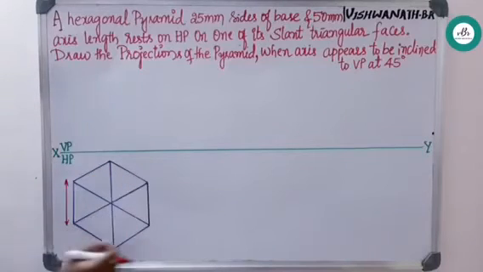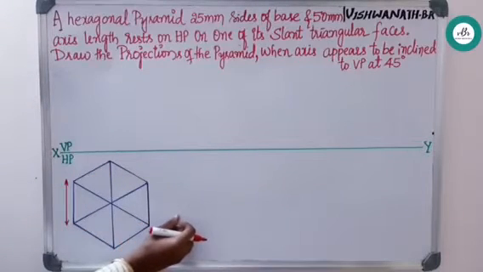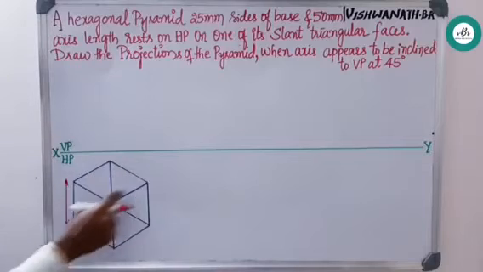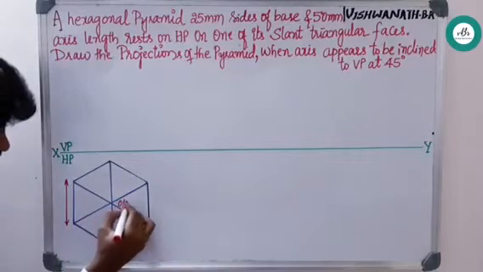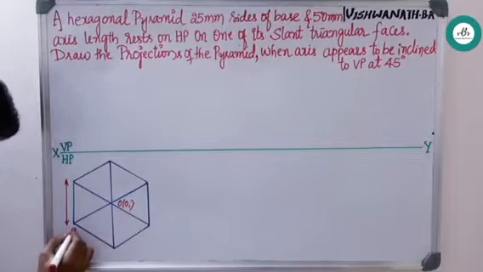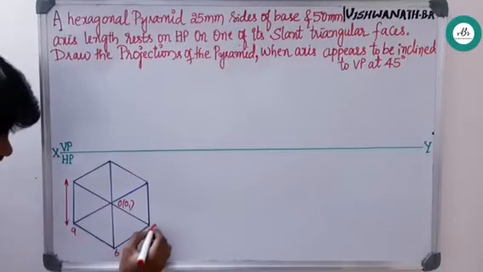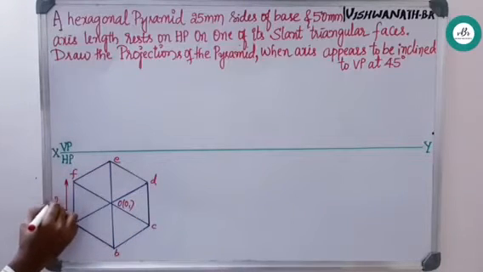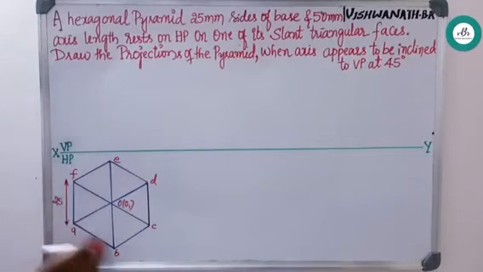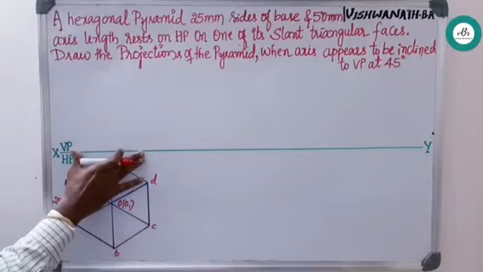Draw this hexagon for an edge condition to the right side as a reference and draw this diagonal, identify the center and name this o1, and name all the corners A, B, C, D, E and F. Given dimension is 25. From all the corners project to the XY line.